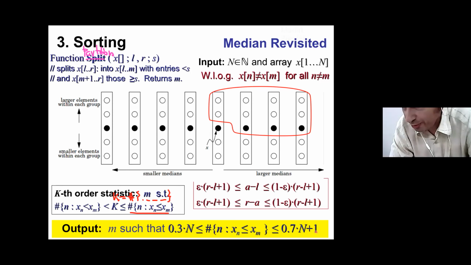This is the property of this element X. And to go back to quicksort, this is what we were looking for. If we can output this median, then I can choose this median of the 5 medians as a pivot element. This is my epsilon, and here is 1 minus epsilon. This means at least epsilon times n from the left, and 1 minus epsilon times n from the right.